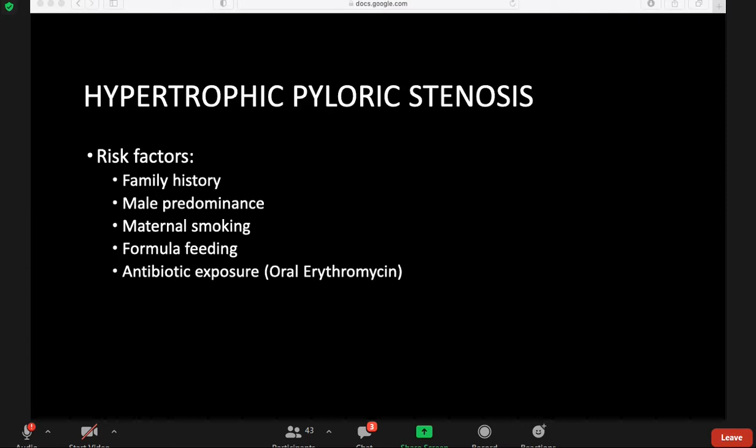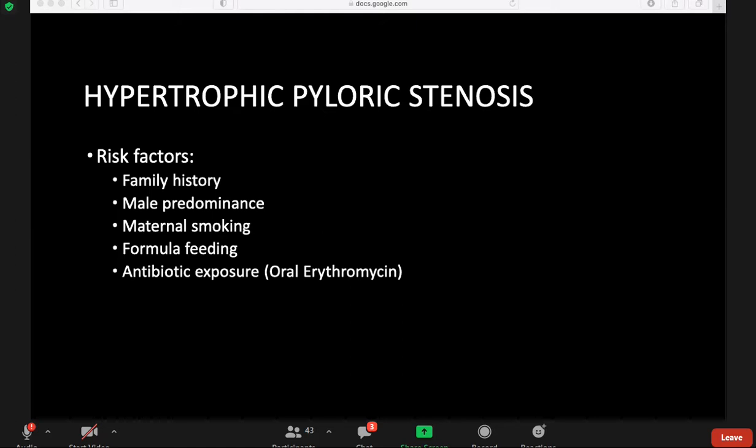The etiology remains unclear for the pathogenesis of the pyloric stenosis. However, several risk factors have been elicited. So for the family history, there has been a study that there is a 200-fold increase among identical twins and 20-fold increase among siblings. Also, there is 5 times more predominance in males compared to females, and a twofold increase when there is maternal smoking.